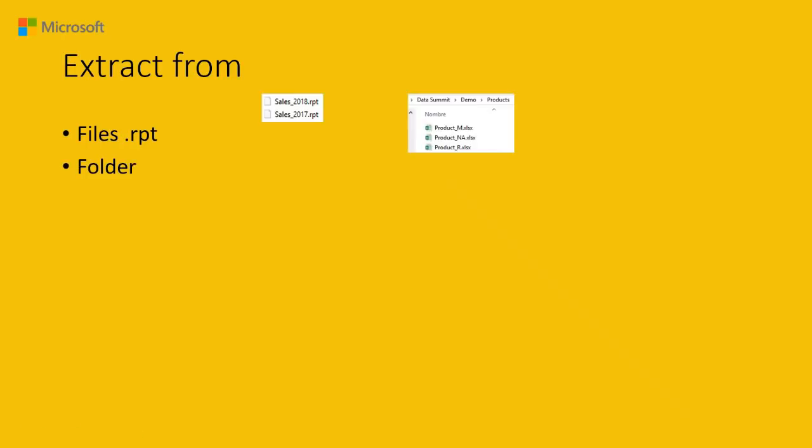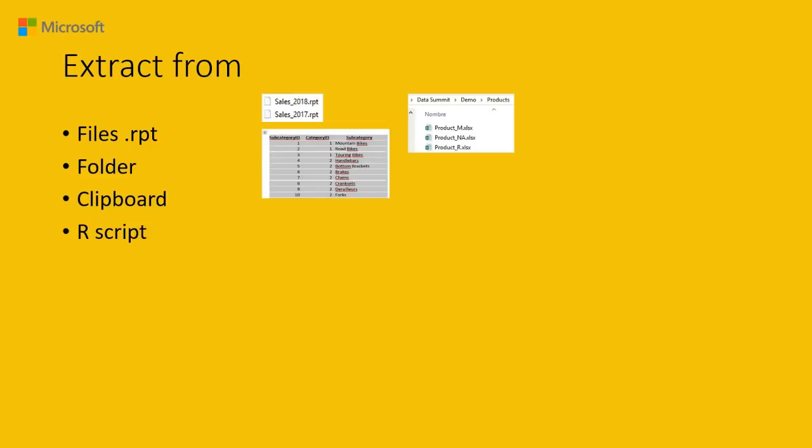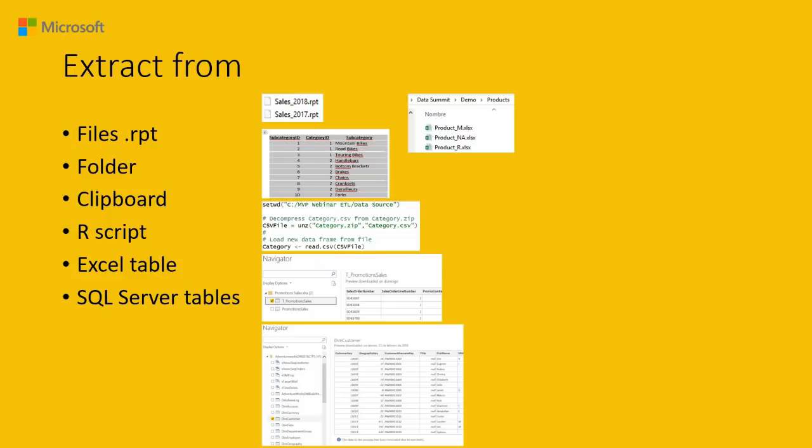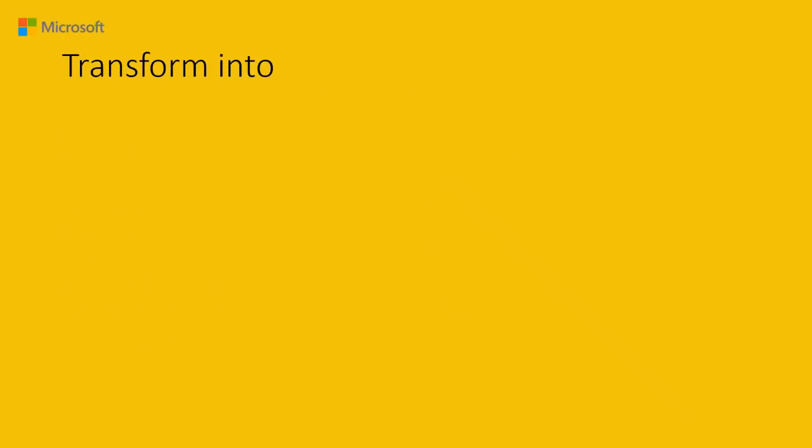And then from folder, products in this case, from clipboard, from R scripts, from Excel table, and from SQL Server database. So all together, we execute a lot of transformations that definitely save our ETL, allowing us to create a data model.